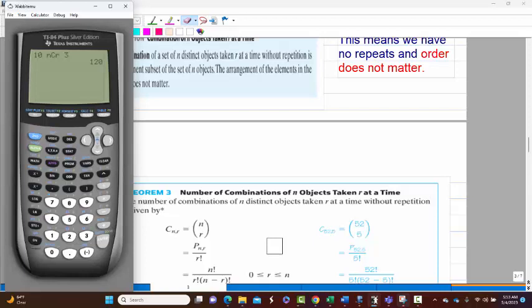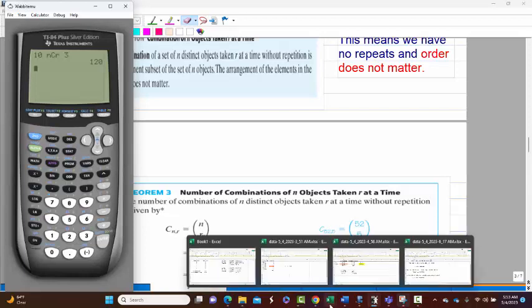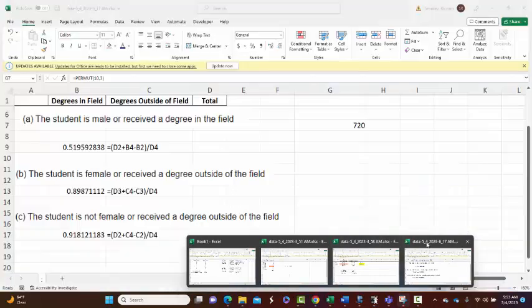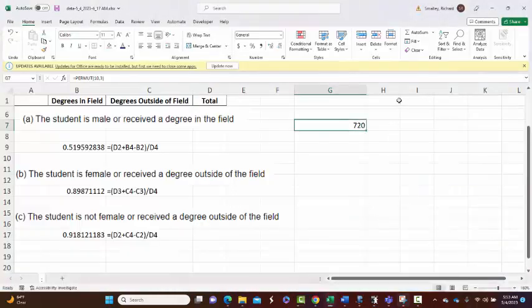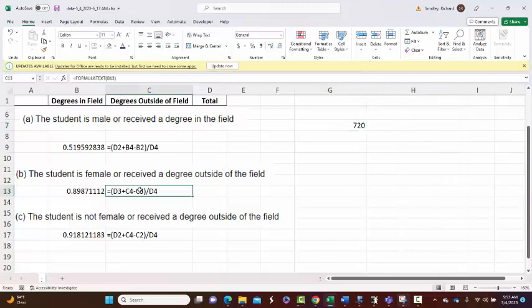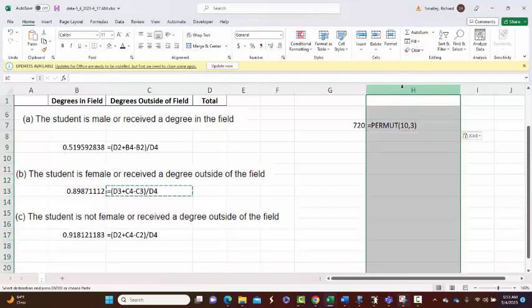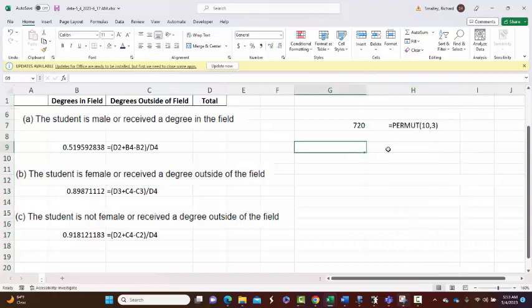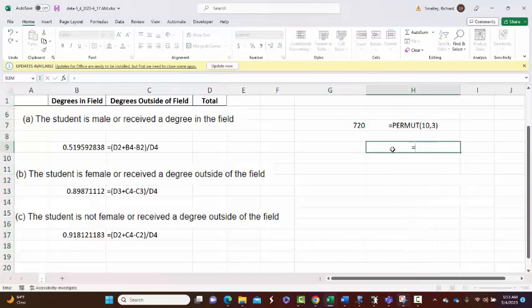In Excel, the command is, I probably should have put, I'll copy this right here over there. I mean, this was already in the notes, so it doesn't really matter that much, but this one's not in the notes, so I'll put this in here. So I'll put it's COMBIN for combination.